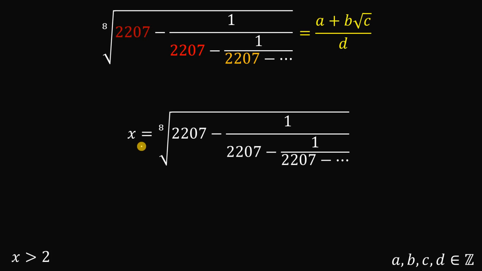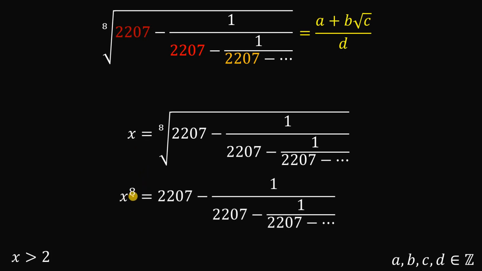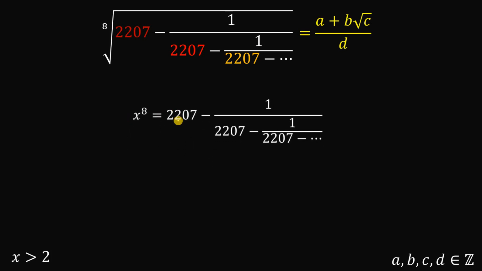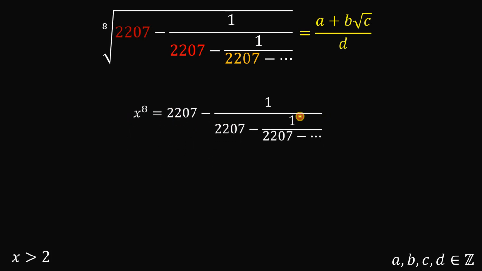Now let's proceed to solve for the value of x. What we're going to do is raise both sides to the 8th power. So we have x raised to the power of 8 equals 2207 minus 1 over 2207 minus 1 over 2207, until infinity. Now, as you can see, the expression at the bottom of the 1 is exactly x raised to the power of 8.